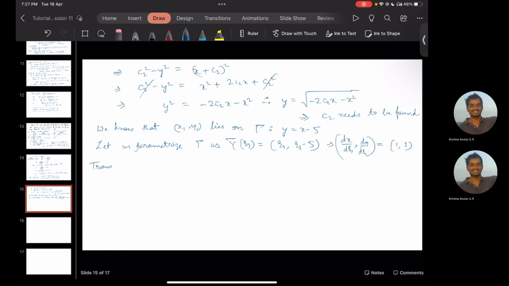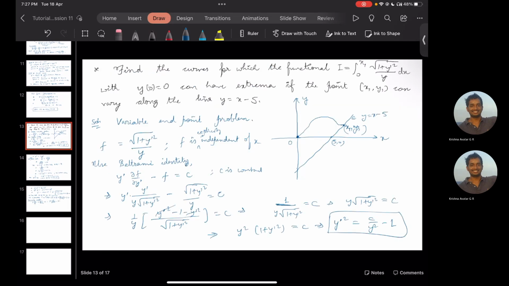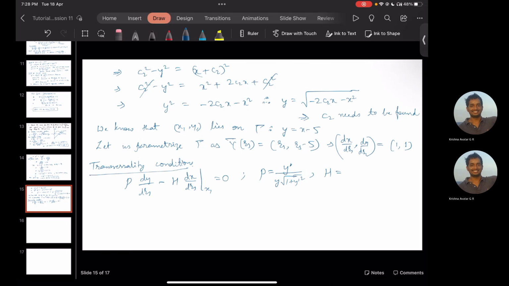The transversality condition is given as p dy by d zeta minus h at x1 is equal to 0. Now let's determine p. So p is y prime divided by y into root over 1 plus y prime squared, and h, this we know from our Beltrami identity itself, right, that is given by minus 1 divided by y into root over 1 plus y prime squared.